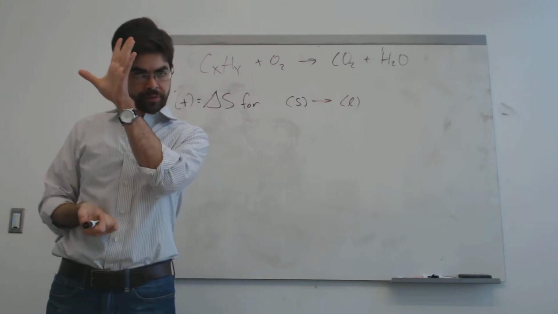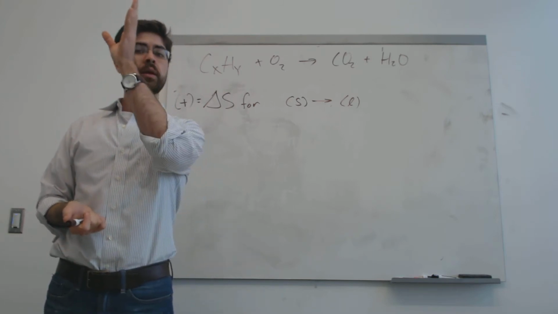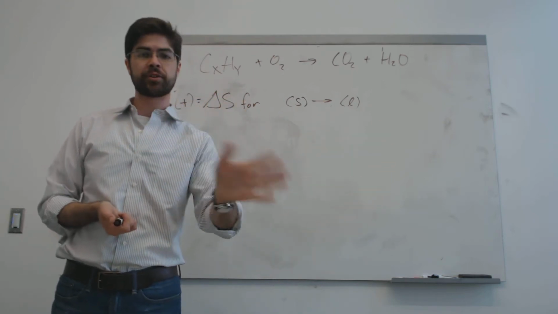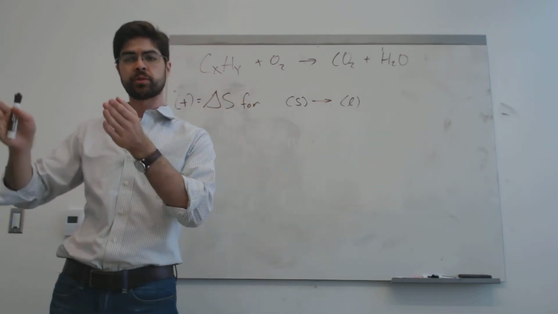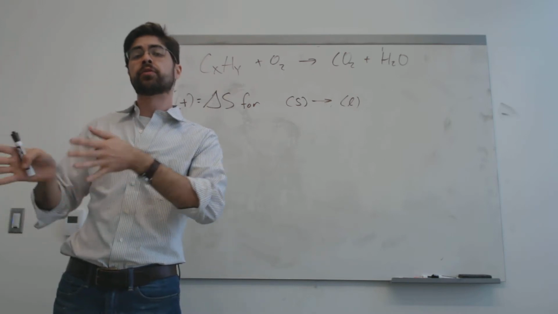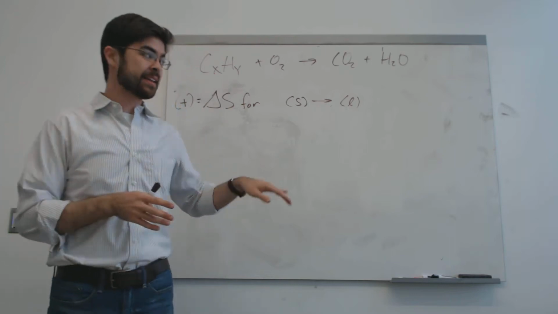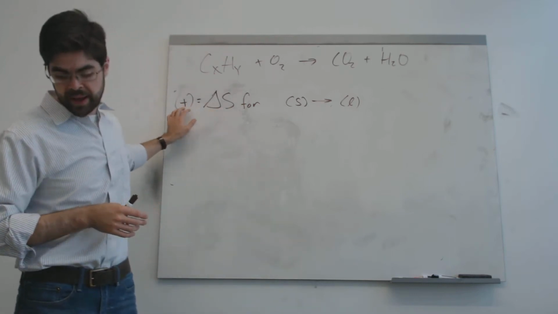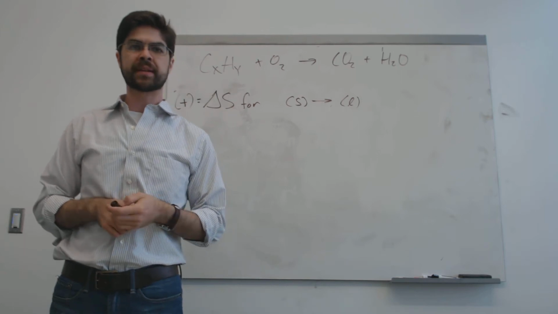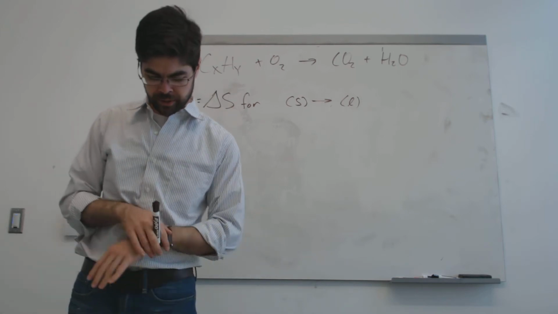Again, if you have a pure substance converting between different physical states and it's not undergoing any chemical reactions, you just have solid ice converting into liquid water, that does have a positive change in entropy. And that's going to be true for basically every substance. There are no exceptions to that.